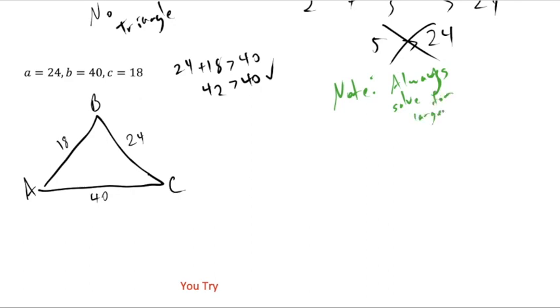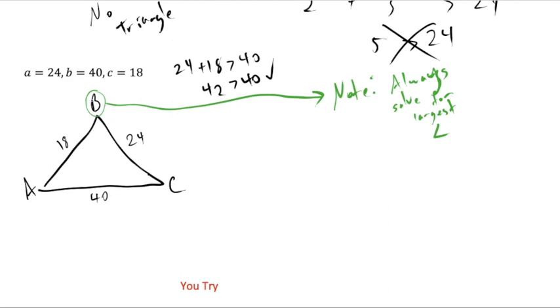The largest angle is going to come from the largest side. So here I have the 40. So I want to solve for this B, because it is opposite of the largest side. There are reasons behind that. We'll talk about it in class, but the important thing is to always solve for the largest angle first.